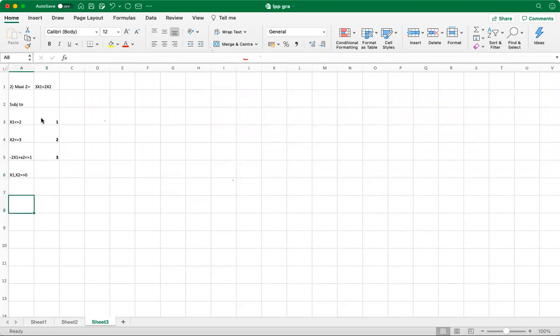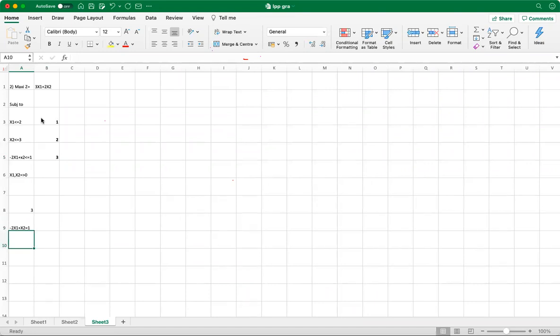So now I'm going to say, let me start with 3. 3 says that minus 2x1 plus x2 equal to 1. ठीक है.